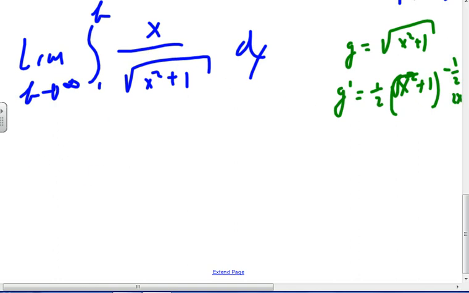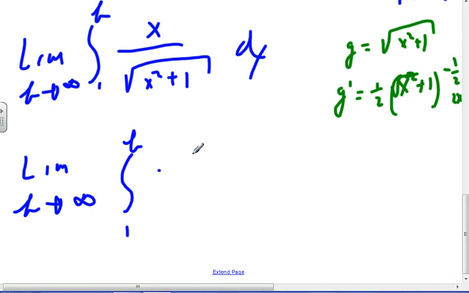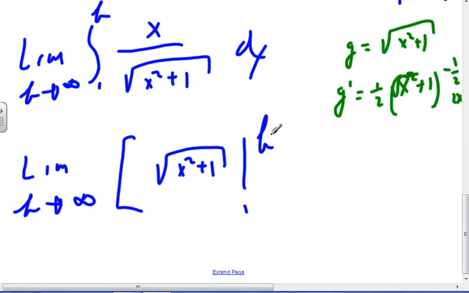So this is going to be limit b goes to infinity, not integral 1 to b, we already took the integral, of square root of x squared plus 1 evaluated at 1 and b. Clearly undefined, and therefore diverges.